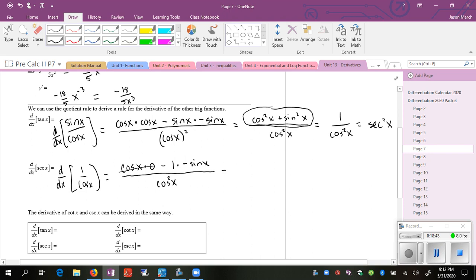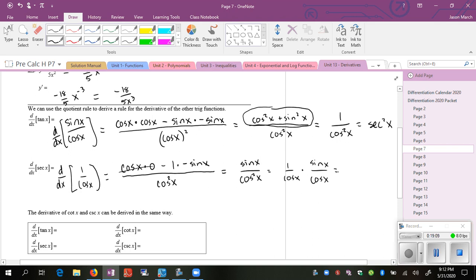So we have up top, negative 1 times negative sine x is sine x over cosine squared x. And for simplicity's sake, it's easier to recognize that this is the same thing as 1 over cosine x times sine x over cosine x.